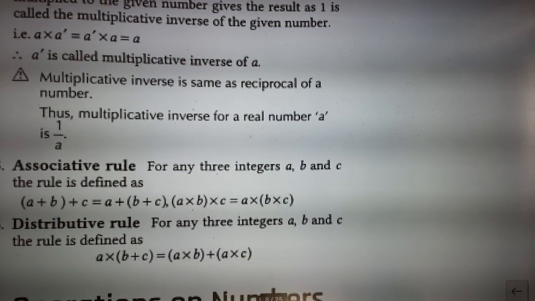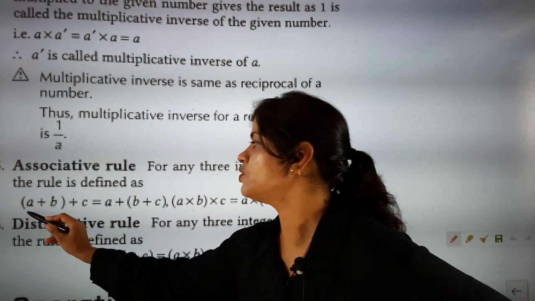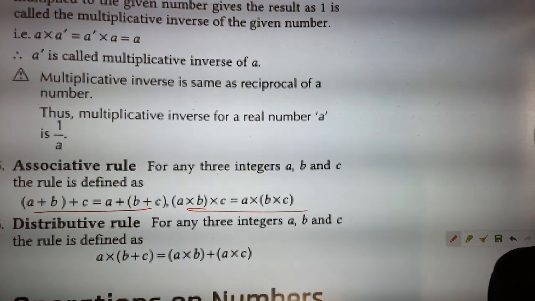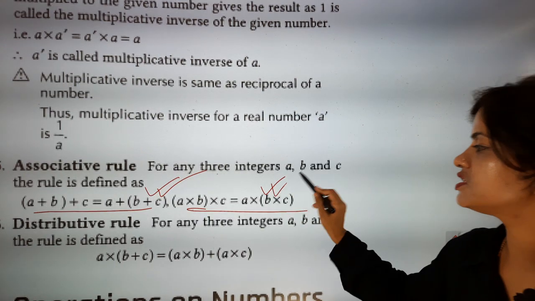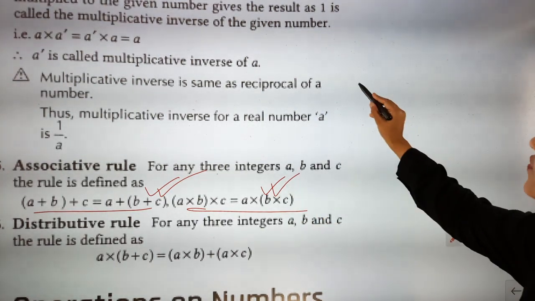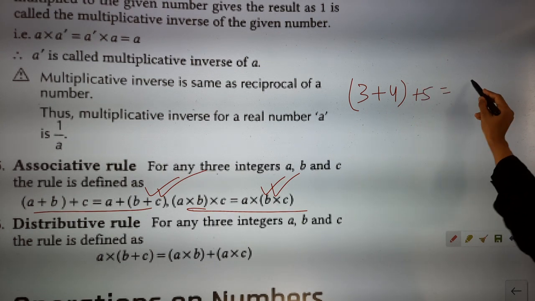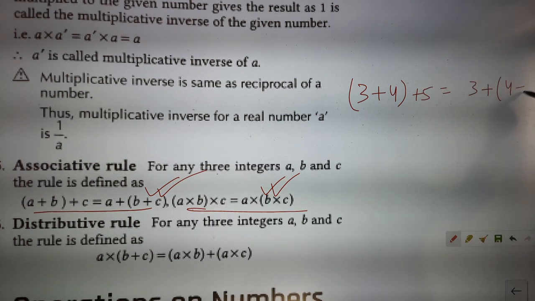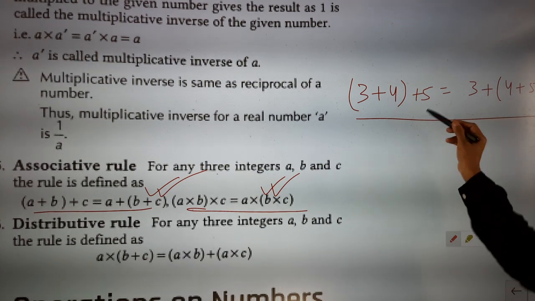Now comes the associative rule and the distributive rule. What is the associative rule? Associative rule is of two types: associativity with respect to addition and associativity with respect to multiplication. Like if somebody says (3 plus 4) plus 5 equals 3 plus (4 plus 5), this is associativity with respect to addition.